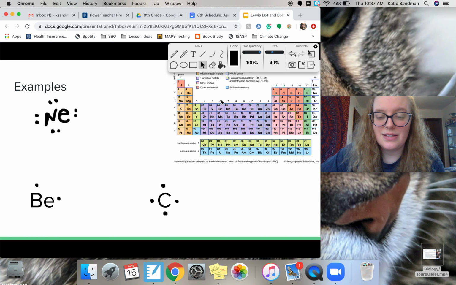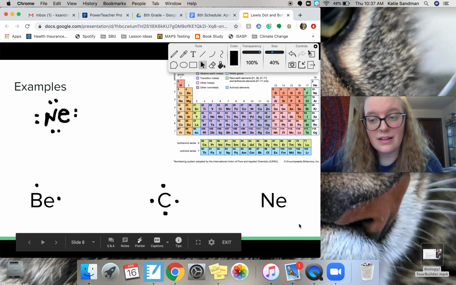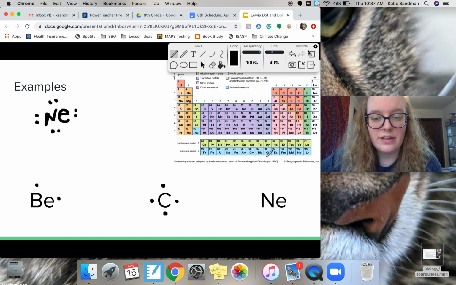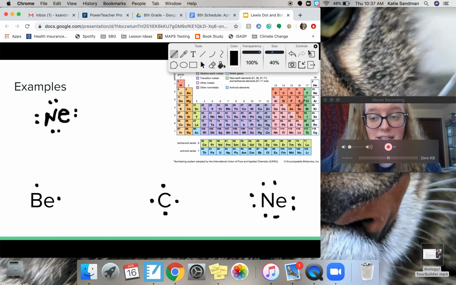And then my last one, I have neon. So let's skip neon. I'll redraw it over here. So this one has 1, 2, 3, 4, 5, 6, 7, 8, because remember it's in the 18th group, so that means it has 8 valence electrons.